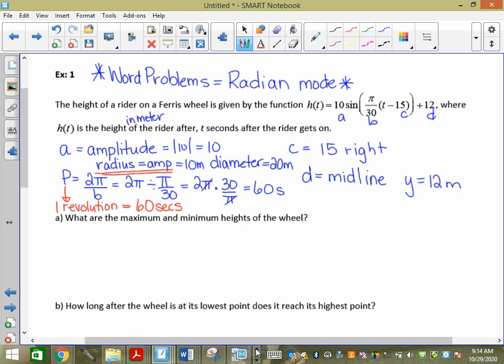Midline. Midline on a graph is the very middle of the graph, correct? So instead of looking at a graph like this, and this would be my midline, that's still representative of a circle, right? It's just a circle over time, correct? So what would the midline represent on a Ferris wheel? This is the minimum, this is the maximum, this is the midline. What could it represent?